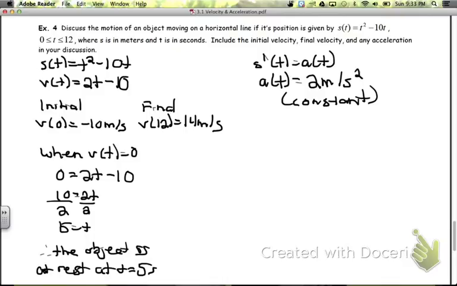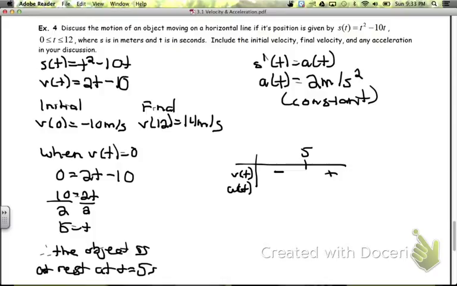So if we sum this all up, when we're talking about our velocity and our acceleration, and we'll talk about acceleration and deceleration. Our velocity for less than 5, so between 0 and 5, would be negative. We can just sub in a value, say 1, and you'll get that it's going to be a negative value, but greater than 5, our velocity is going to be positive.